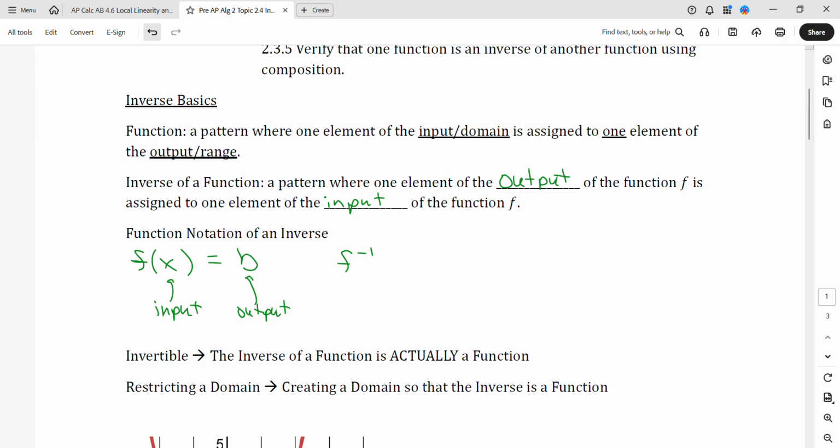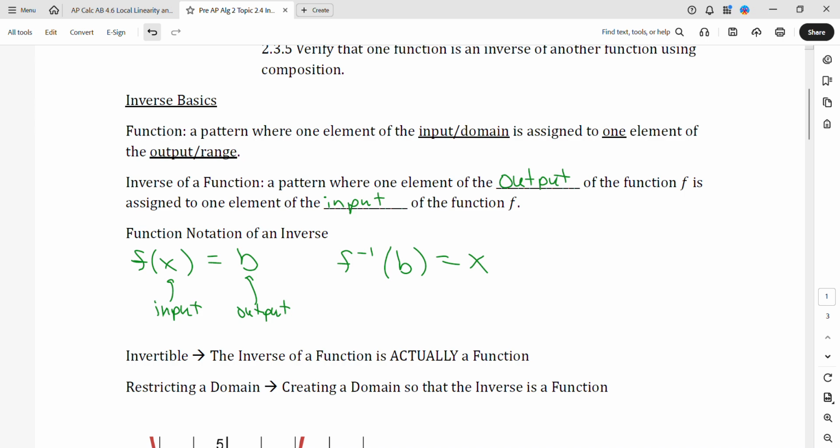Now, when I think about if I plugged in a value and got out a value, what the inverse tells me is that the opposite is true. Maybe the opposite is not the right idea. But basically, what it's saying is that the output of the function becomes the input of the inverse.